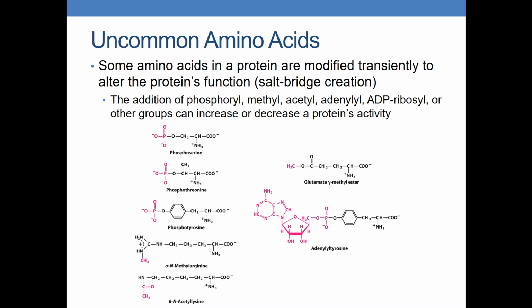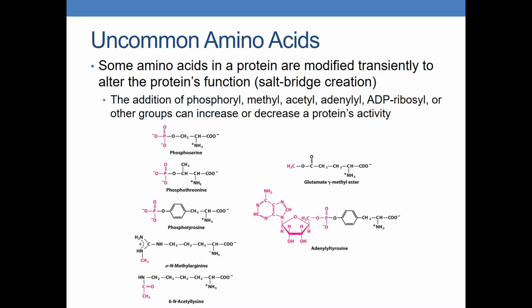So if I introduce a negative charge next to a negative charge, maybe the protein changes shape to alleviate that repulsive interaction. Or maybe if I introduce a negative charge via phosphoryl group next to, say, a primary amine, I form an electrostatic interaction to stabilize a certain three-dimensional structure.